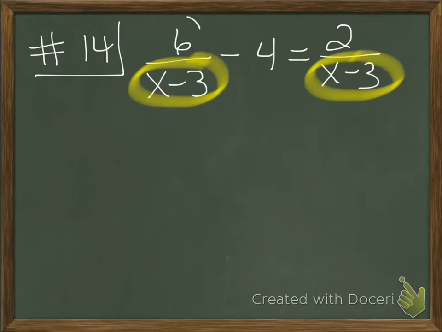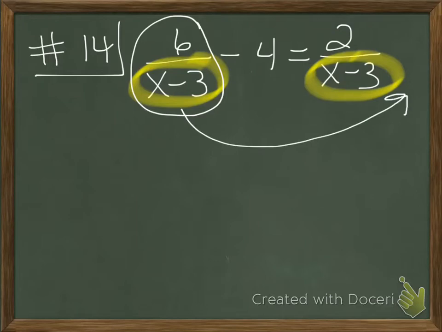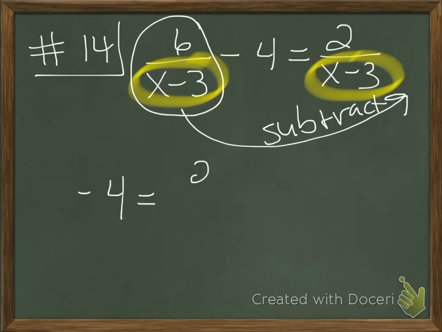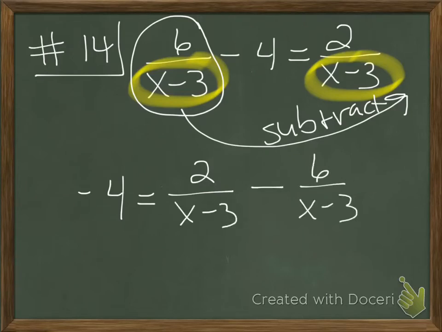So what I'm going to do is I'm going to subtract this whole part to the other side. What's that going to give me? Negative 4 equals 2 over x minus 3 minus 6 over x minus 3.